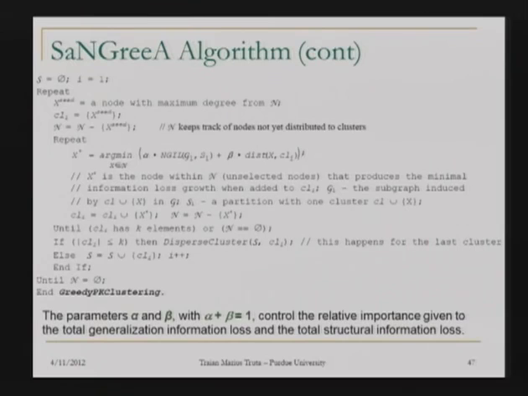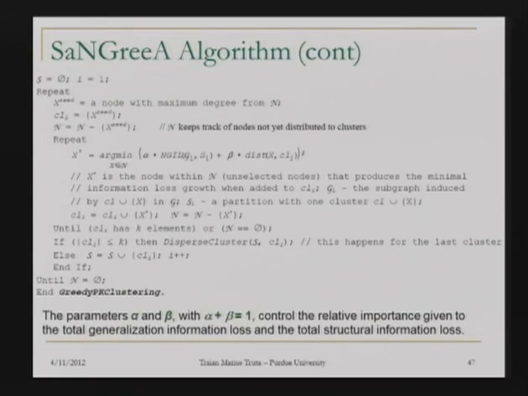How do we add a node? By optimizing this criteria, we look toward the node that adds the minimum amount of information loss in terms of both generalized information loss as well as the distance. And alpha and beta try to weight. If we look only at the generalized information loss, alpha will be 1 and beta will be 0.